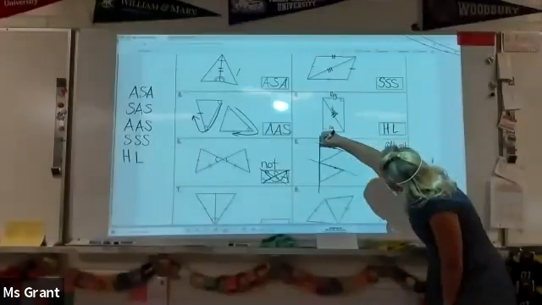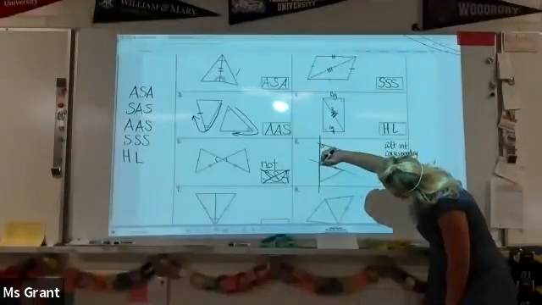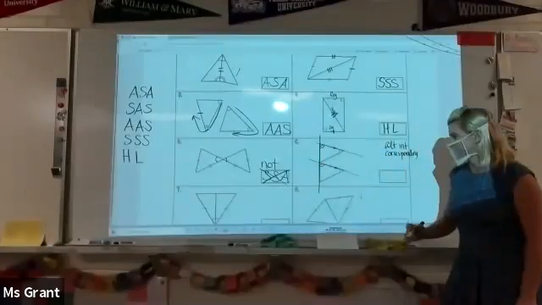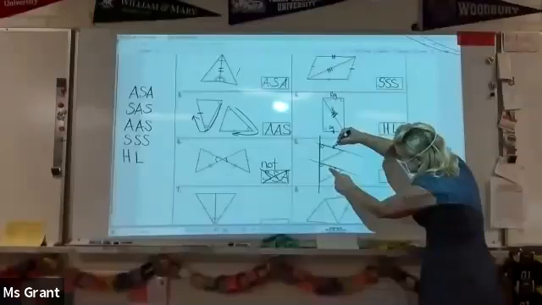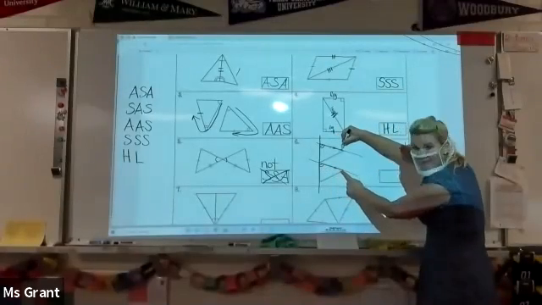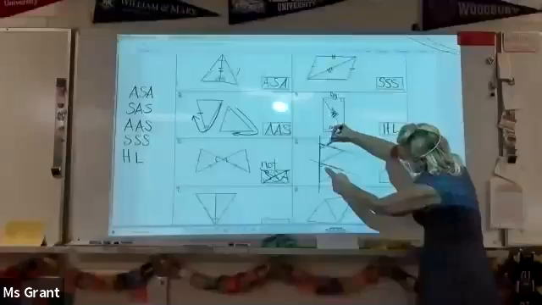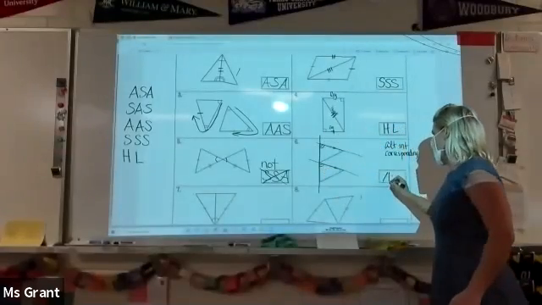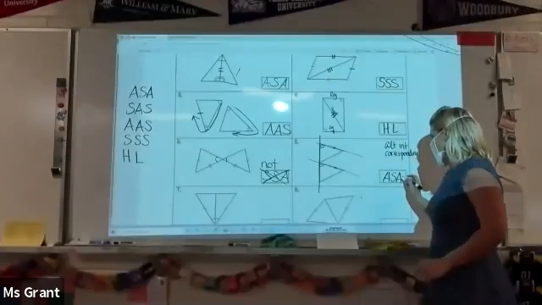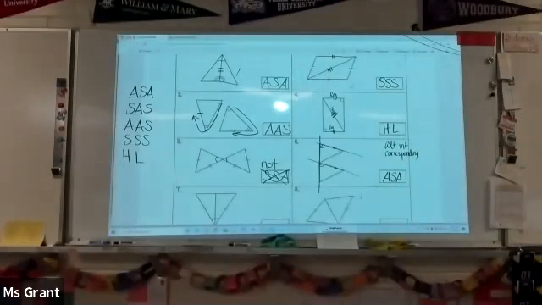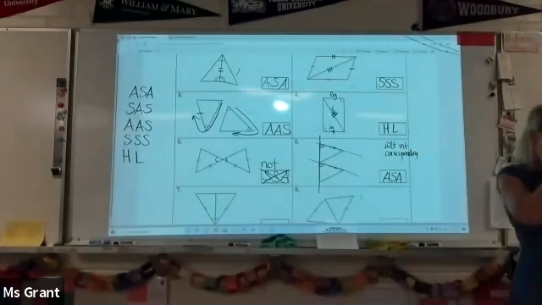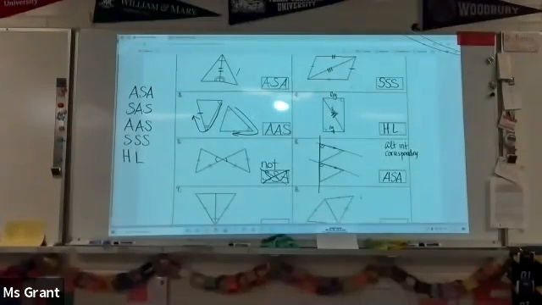So look at, this is corresponding. Angle, side, angle. Angle, side, angle. All right, I'm going to let you do the rest on your own because you're very capable of doing that.